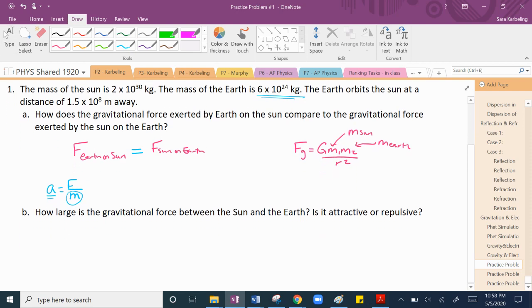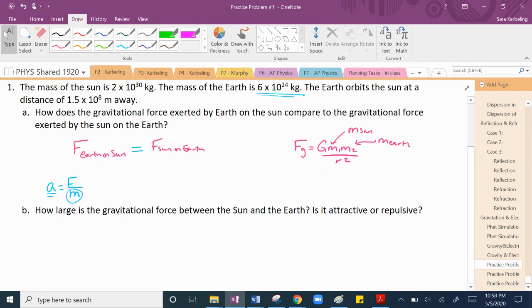All right, let's take a look at the actual calculation part of this question. Part B says, how large is the gravitational force between the sun and the earth? And is it attractive or repulsive? So let's take a look. We're gonna follow that good GUESS method. So we're going to start by writing down our givens. They're all right up here. We know that the mass of the sun is equal to 2 times 10 to the 30th kilograms.